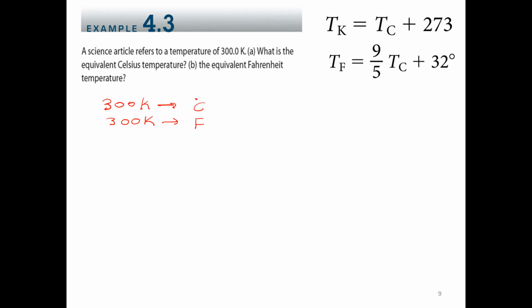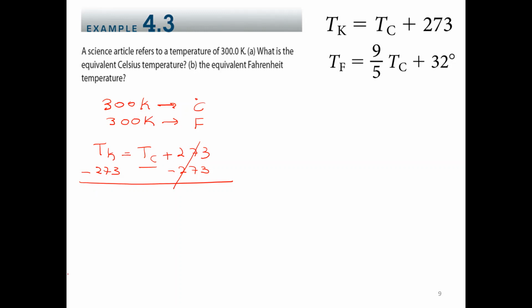Then first, into Celsius, and the equation we have is this one. Because we want to solve for the temperature in Celsius, we subtract this on both sides of the equation.